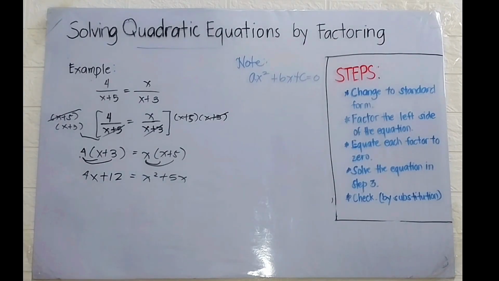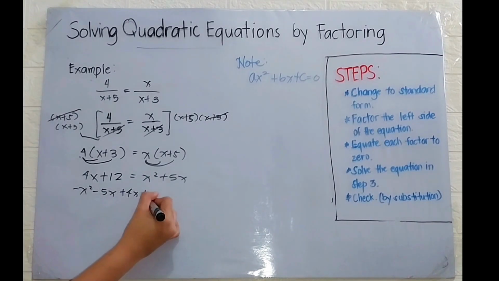Let's transpose x squared to the other side. So, from positive x squared, it becomes negative x squared. The positive 5x will become negative 5x. The positive 4x just copies positive 4x because we didn't transpose it. Okay? Then positive 12 is equals to 0.